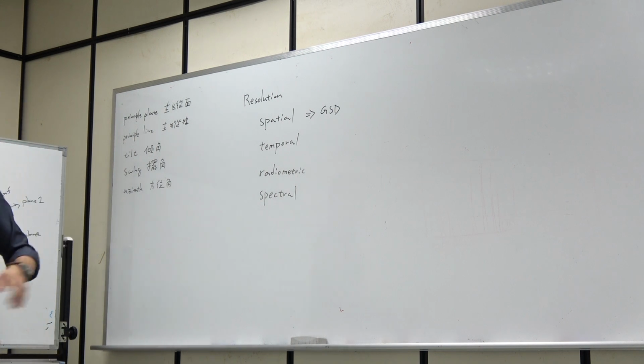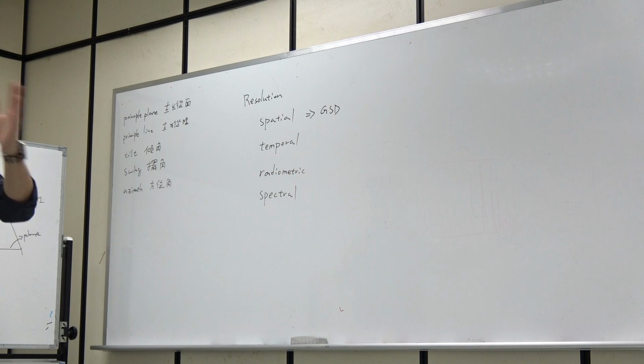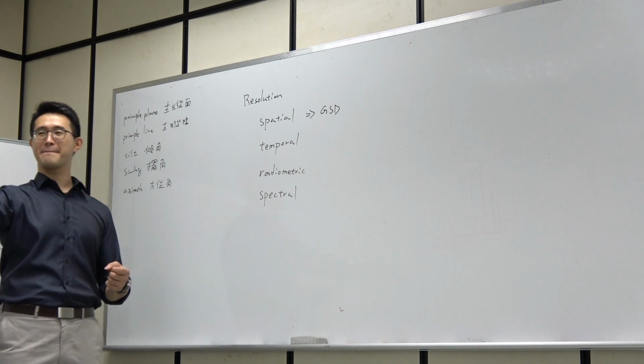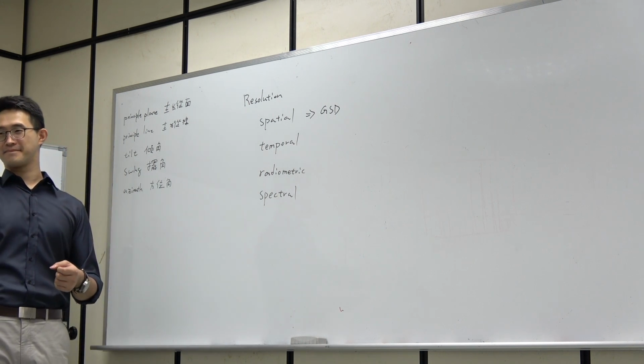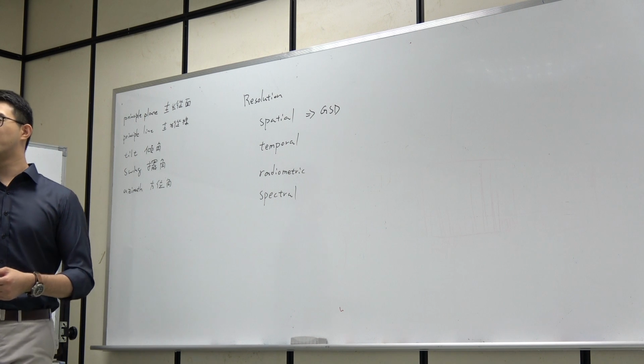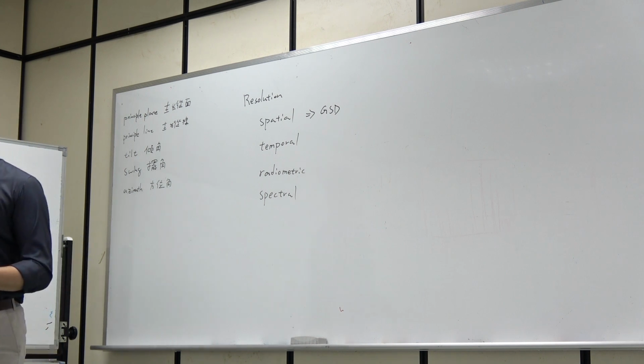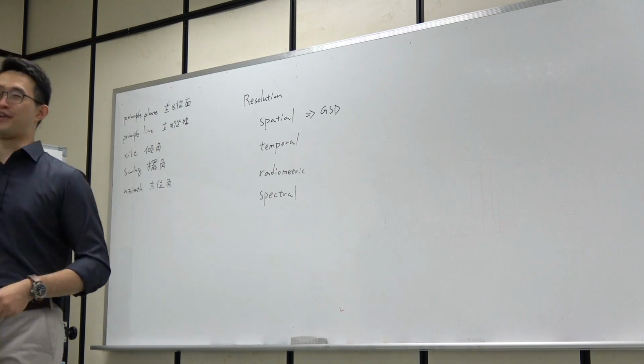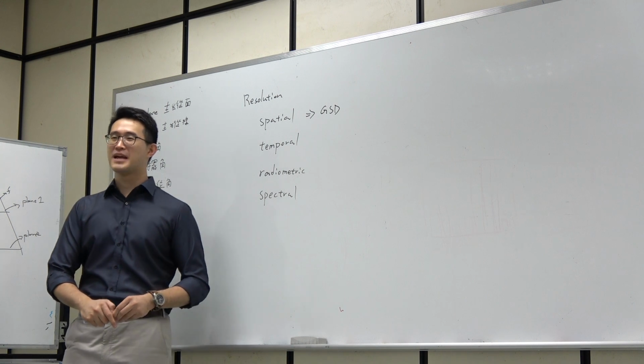Okay, so the discussion here should be able to help you. What's the highest spatial resolution that you can get from the commercial satellites? 0.3. Which satellite? Worldview 3 and Worldview 4.